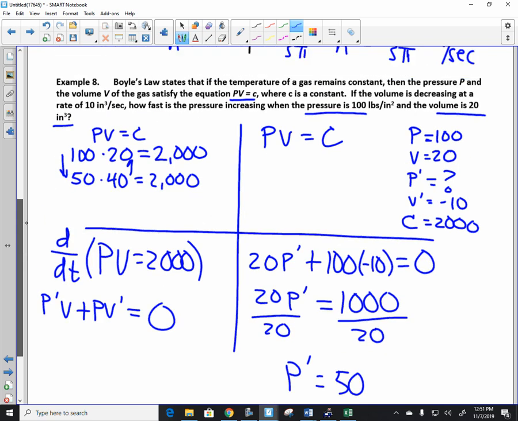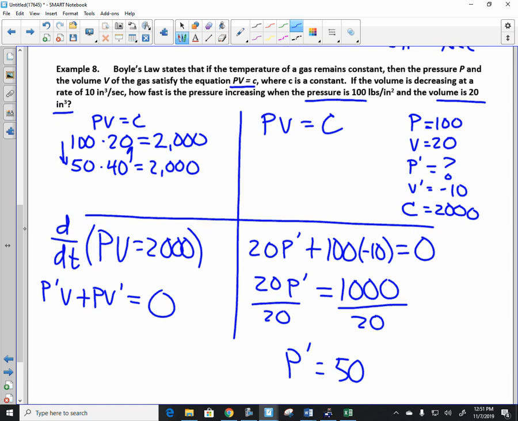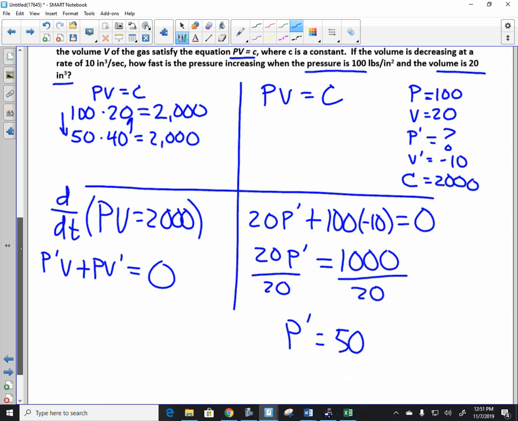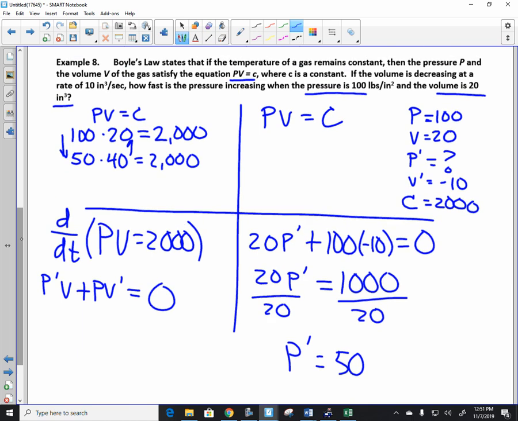50 what? Pressure is measured in pounds per inch squared.